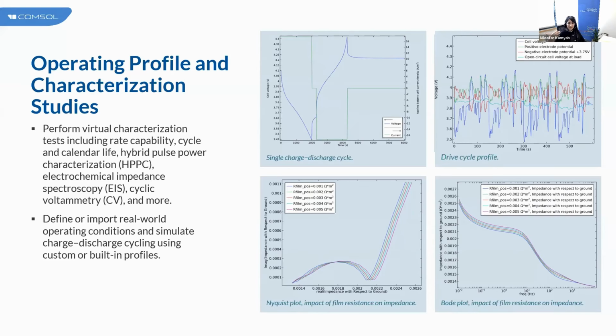It can be as simple as constant current charge and constant voltage, or CCCV, or a power profile, or it can be any characterization profile, known ones like HPPC, rate capability, or on the frequency side, EIS, cyclic voltammetry, or it can be any customized load profile. What we see in the image on top on the right-hand side can be a drive cycle, or a load profile that you already have in hand, and how easy it is to actually import it into COMSOL.